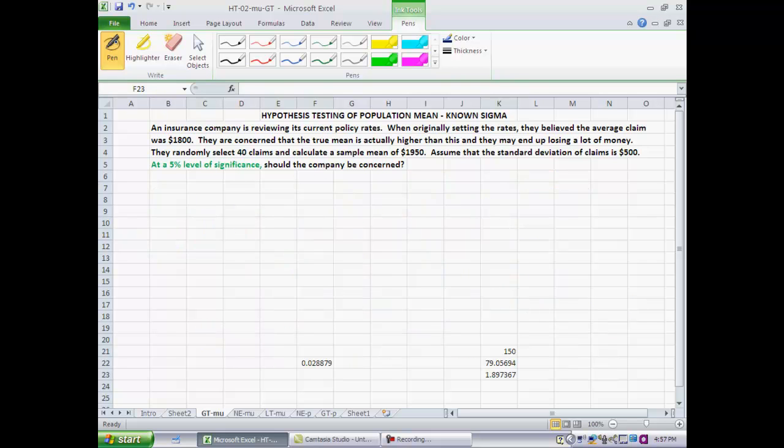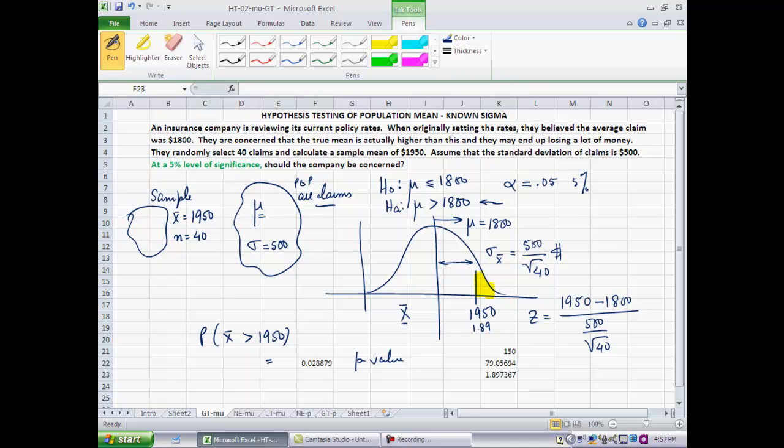So the physical interpretation of the p-value is, it is the probability of getting a sample statistic at least as extreme as the one we got if the null were true as an equality. And notice, why did we compute the right-hand tail here? Simply because our alternate hypothesis is a right-sided hypothesis.